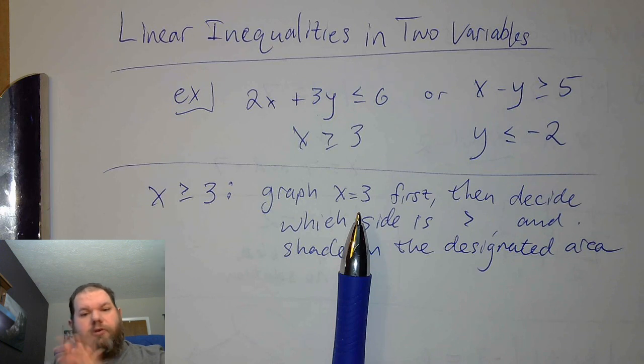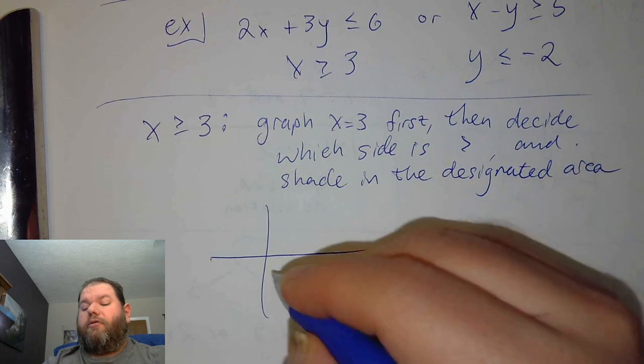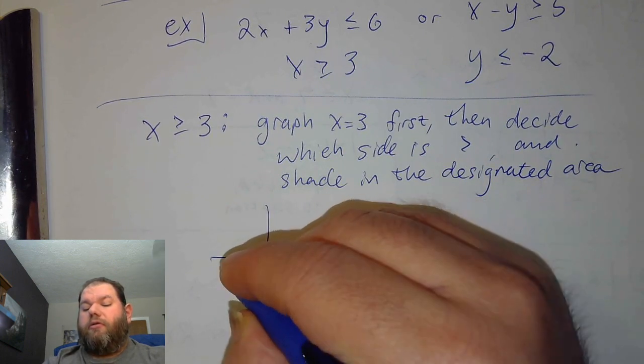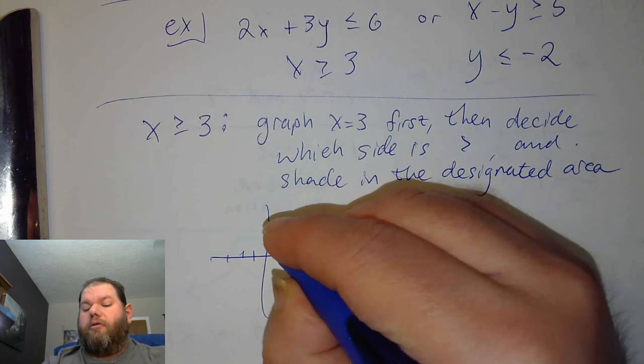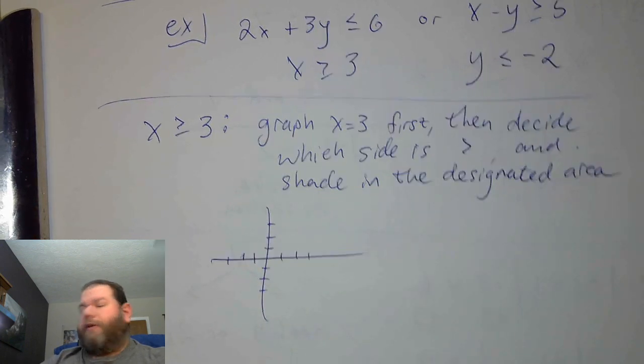Well, we know, yeah, we're going to shade past the 3 to the right, in fact, because it's greater than. Not a square, though. We know this is a line in 2 dimensions. All of these graphs will be lines in 2 dimensions. The question is, where is x equals 3?